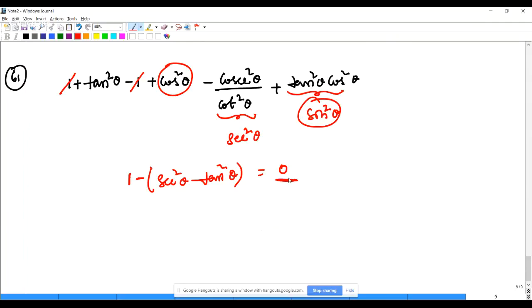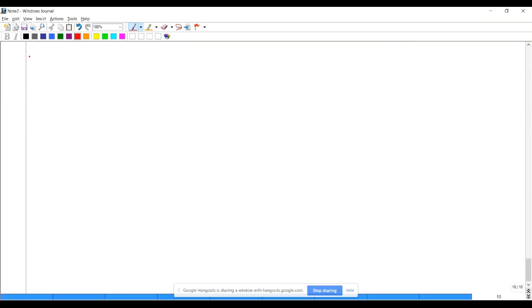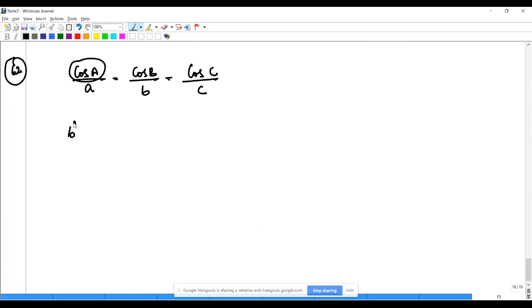If you look at question number 62, it is given that cos A by a is equal to cos B by b is equal to cos C by c, and a is equal to 2. Usually we know the value of cos A. Cos A is equal to b square plus c square minus a square by 2bc.